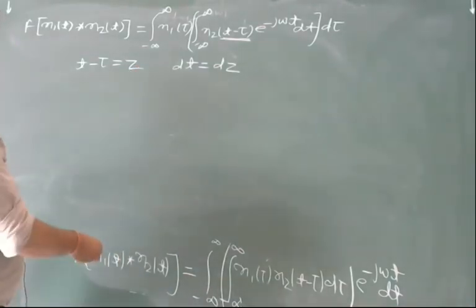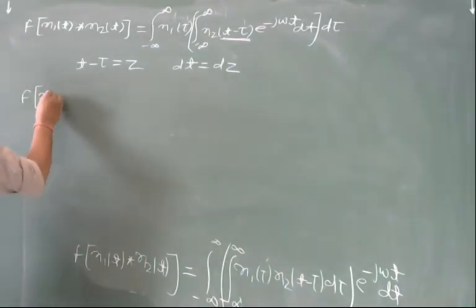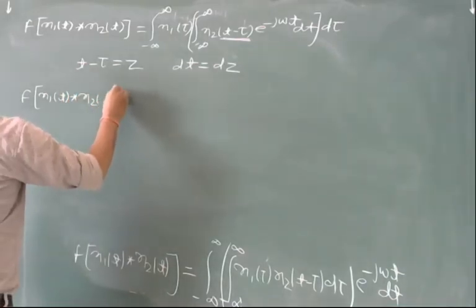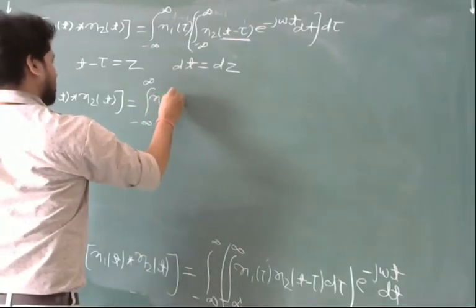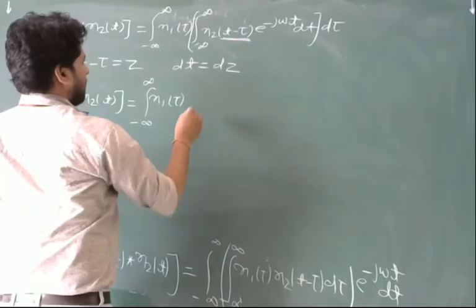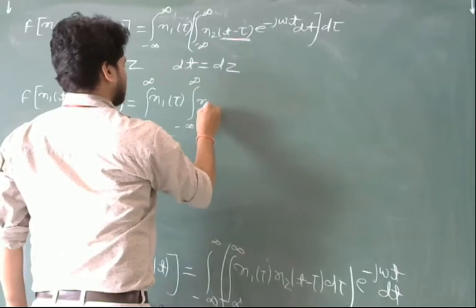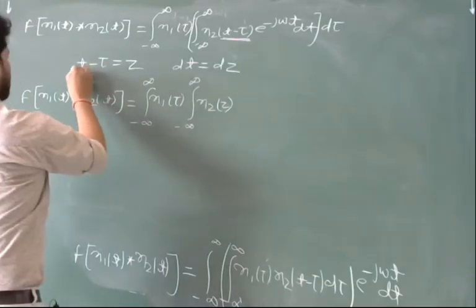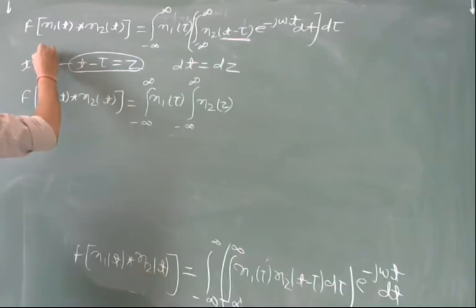It means that further this integration can be written as the Fourier transform of x1(t) convolution with x2(t) equal to the integral from minus infinity to plus infinity of x1(tau) and the integration from minus infinity to plus infinity of x2(z), and from here t will be equal to z plus tau.